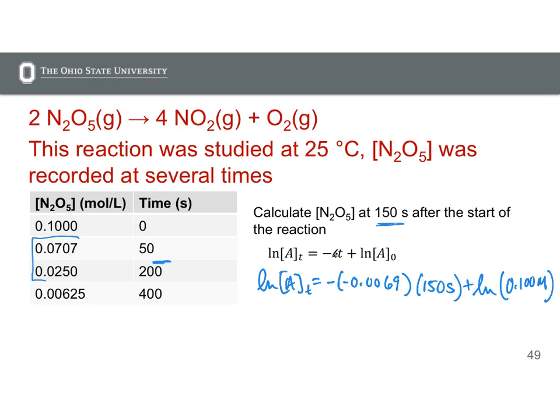And then in calculating this out, we'll end up with natural log of A at some time t is equal to minus 3.34. Okay. So make sure you know how to take the anti-log on your calculator. So we're going to do e to that.